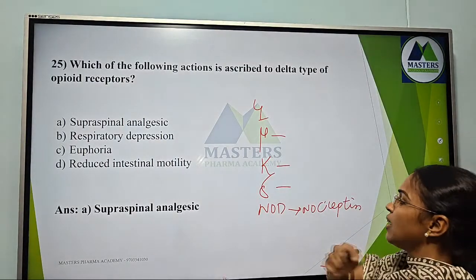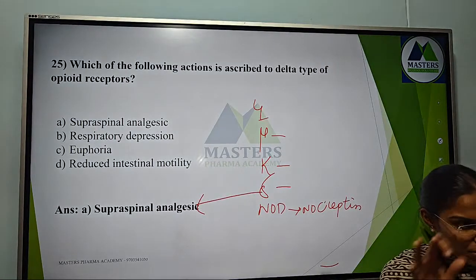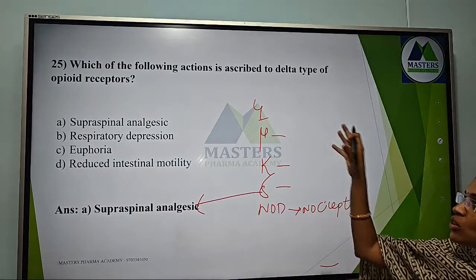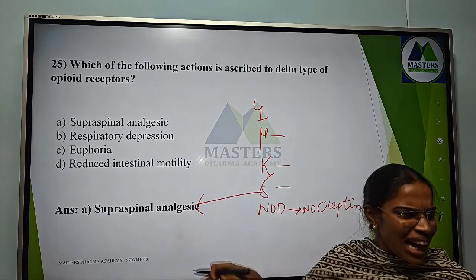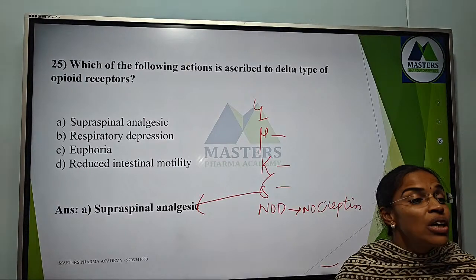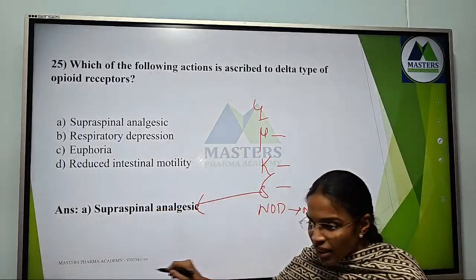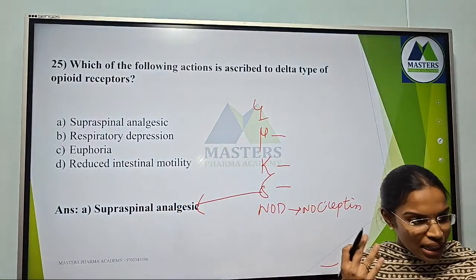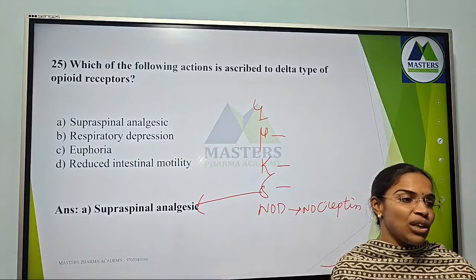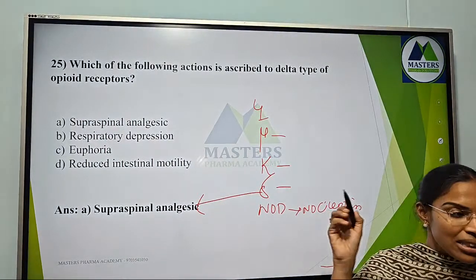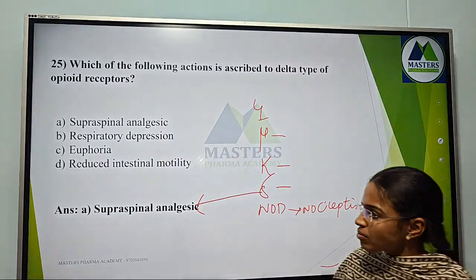Out of these, delta is responsible for supraspinal analgesia. That means we ask through which type of receptors these opioid drugs act, and what that activity is related to. When drugs act through delta receptors, they act as supraspinal analgesics.